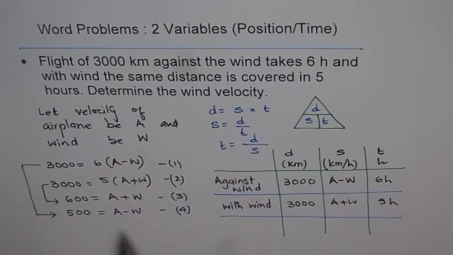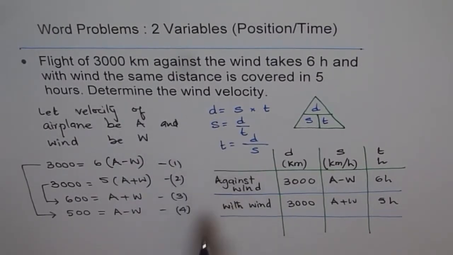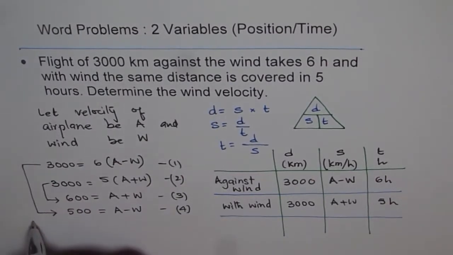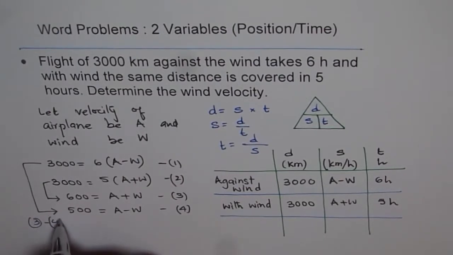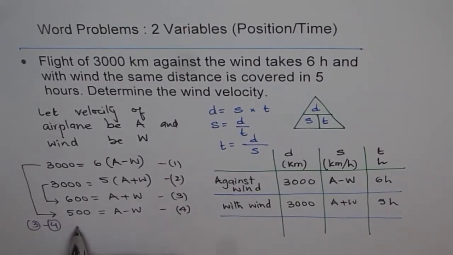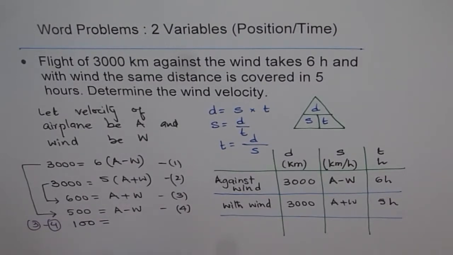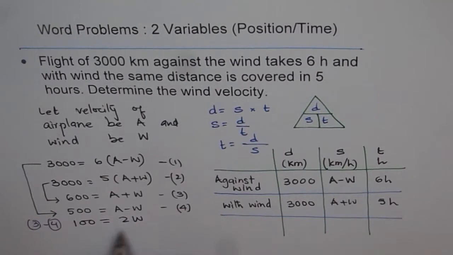And we can find the wind velocity. The question here is, determine the wind velocity. So we will subtract from equation 3 equation 4, and write down our final equation, which will be 600 minus 500 is 100 equals to a minus a is 0, and w minus w will be 2w, right?